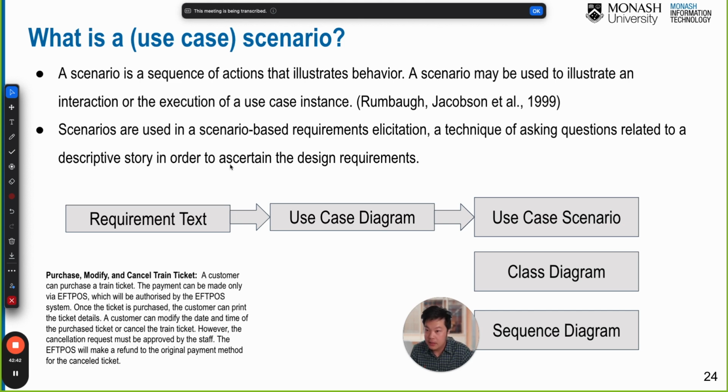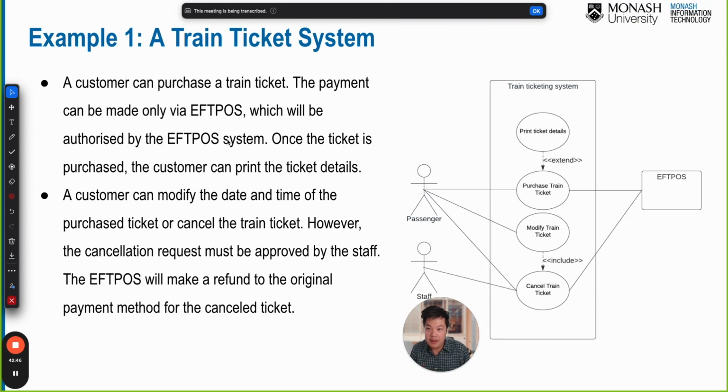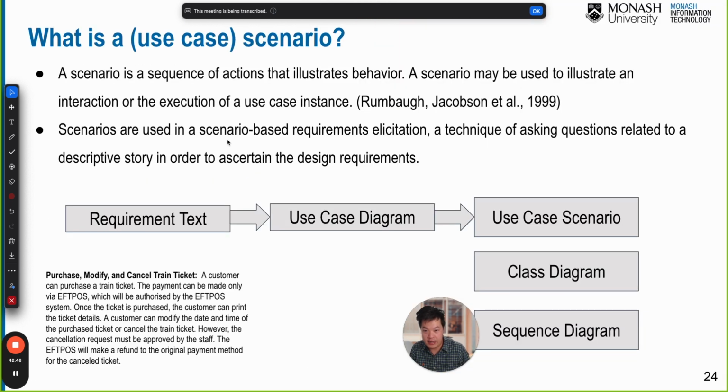Okay, next. What is a use case scenario? Now we just talk about the use case diagram, and now this is the use case scenario. Normally, we start from the requirement and then we draw the use case diagram for each of the use case. In the use case diagram, we will need to explain or talk about the use case scenarios.